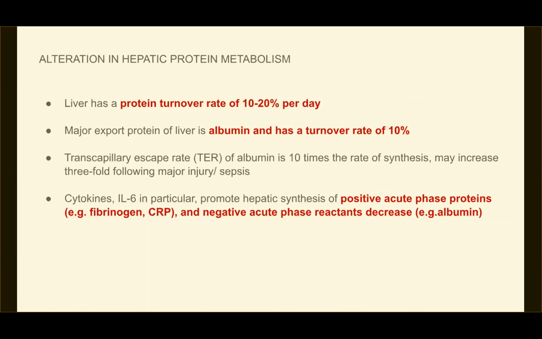That is, it causes hypermetabolism for the synthesis of positive acute phase proteins. Negative acute phase proteins, on the other hand, are decreased due to the increased TER or the transcapillary escape rate, and that is why the hepatic synthesis is not compensatory for the negative acute phase protein decrease.